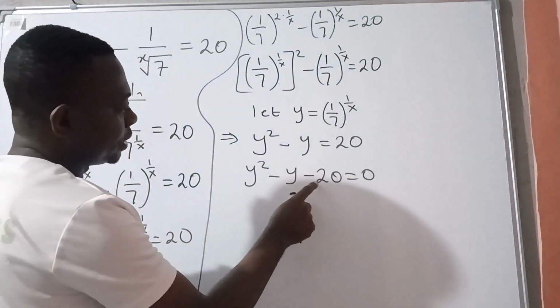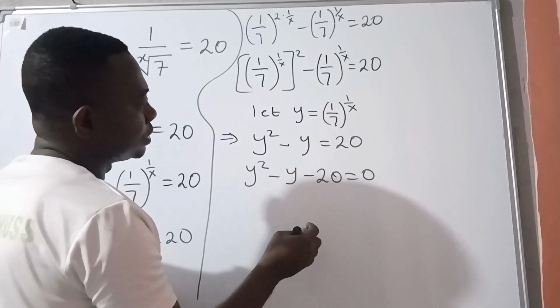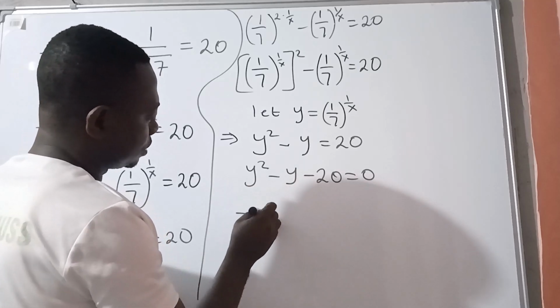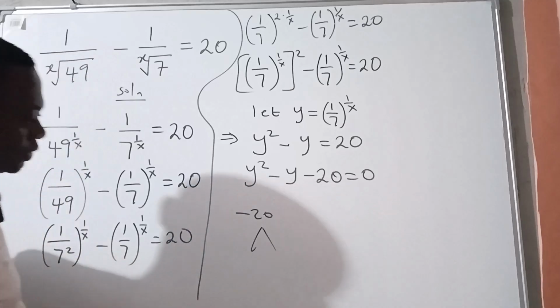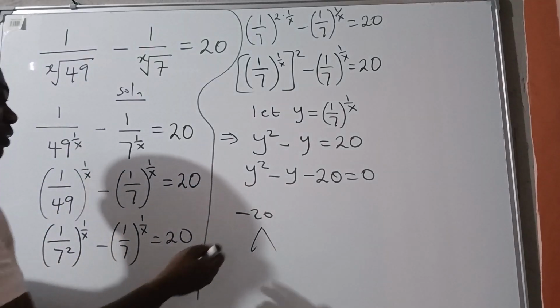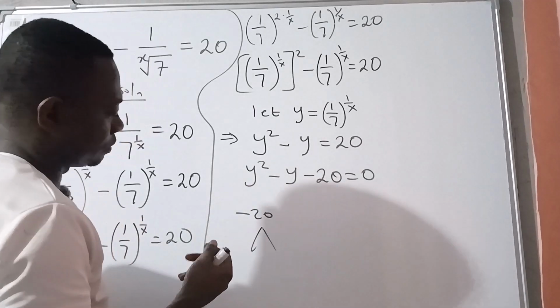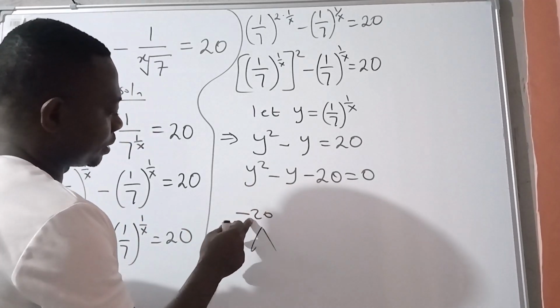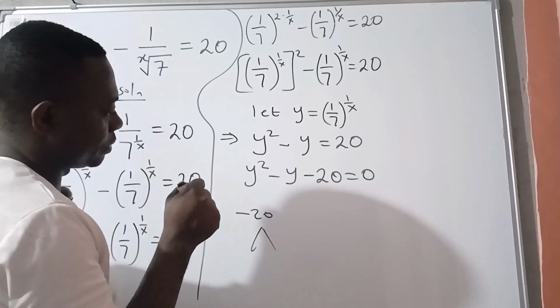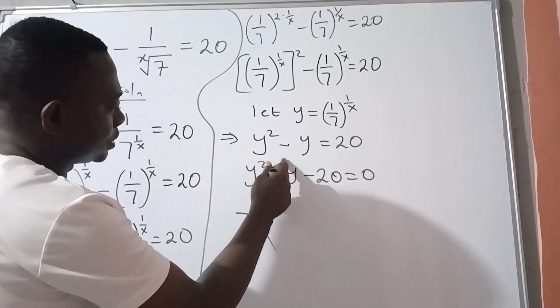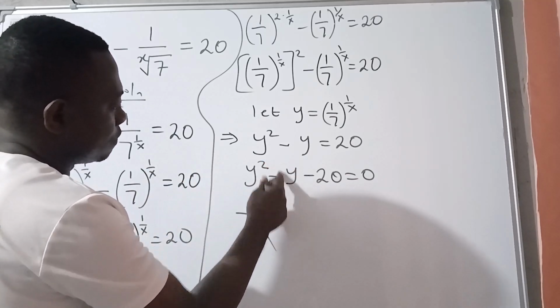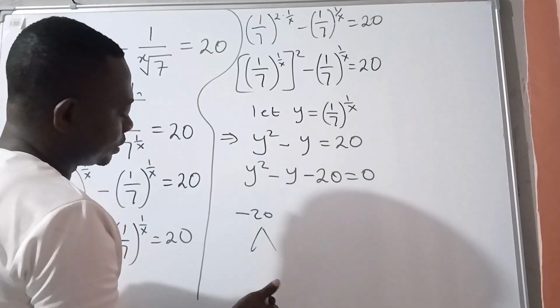So we have minus 20. 1 times minus 20 is minus 20. Let's look for two numbers which are factors of this: when we multiply them, we get minus 20, but when we add, we get the coefficient of y, that is negative 1.